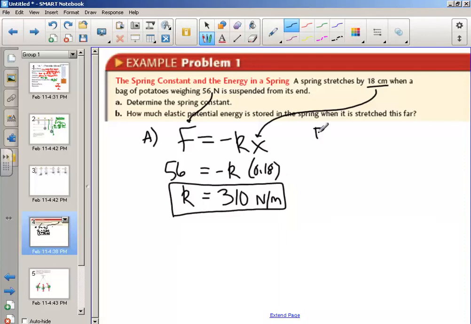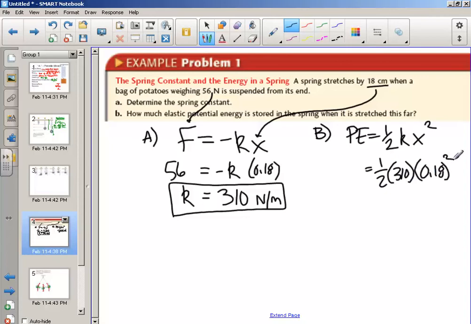Part B, what is the elastic potential energy? So 1/2 times 310, and we're stretching it 0.18 squared. So you run that through your calculator, and you get 5.0 joules.